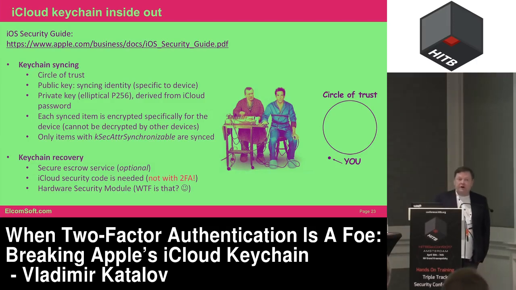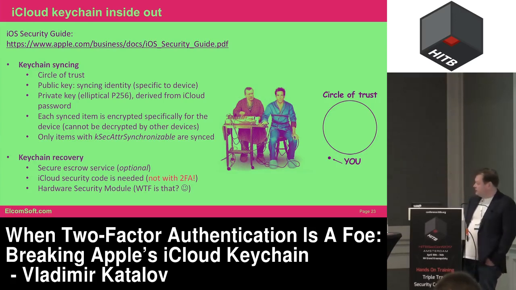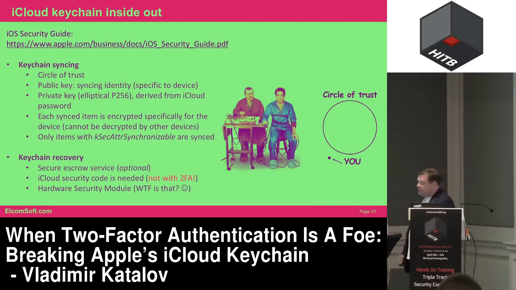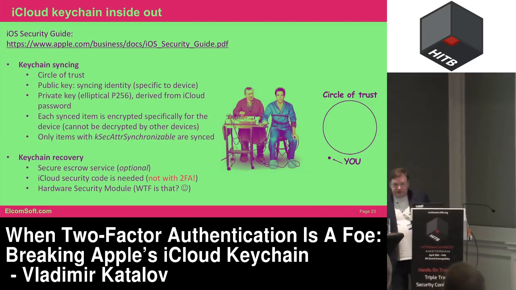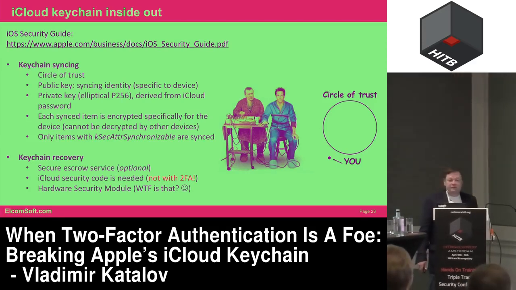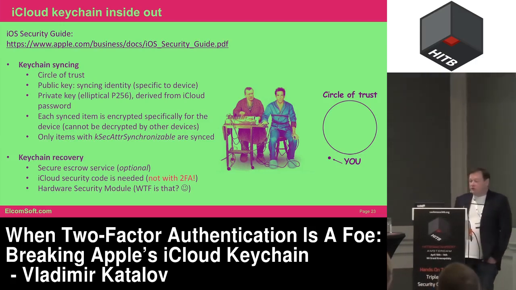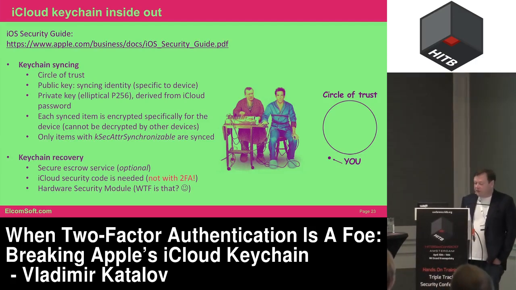And not all the items are being synced with iCloud keychain, but only those that have the kSecAttrSynchronizable attribute. And that's why when you set up a new device, set up the iCloud keychain, some applications will still require you to enter the password once again.